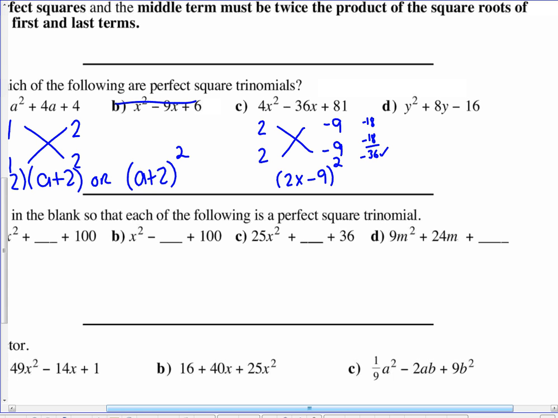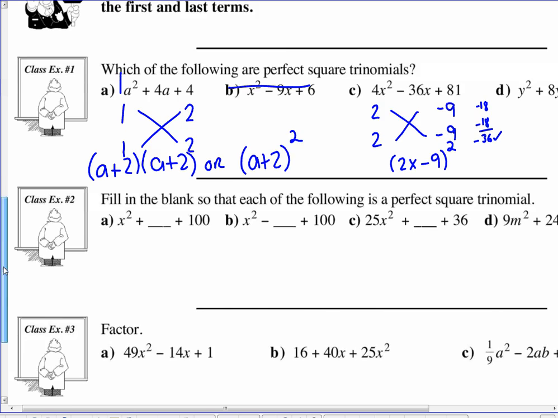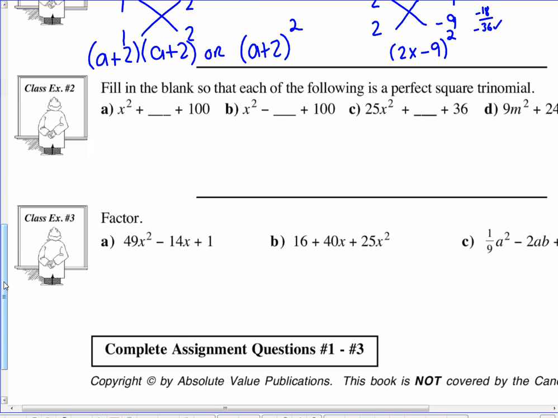Okay. So if I go down to A, what if I was told it is a perfect square trinomial? What would the middle term have to be? Well, how would we figure that out? If it was a perfect square, what would be my two numbers below, 1 and 1? What would have to be the two numbers if we're under 100? 10 and 10.